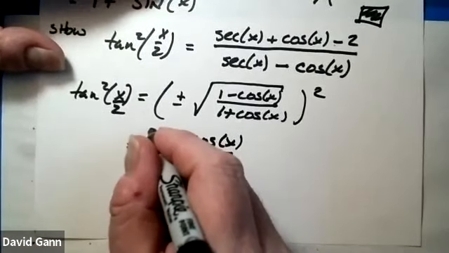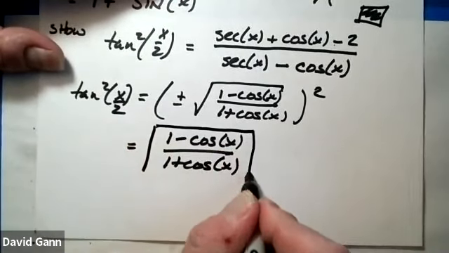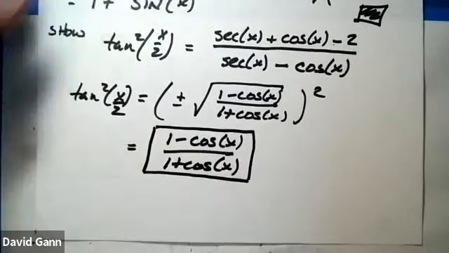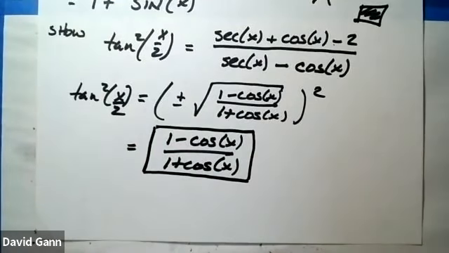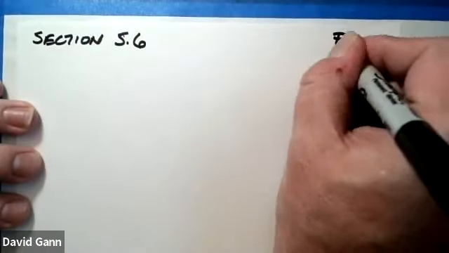But I don't know where to go from here. So I'm basically going to now work from the right-hand side, and that'll be my target. Okay, and I'll start that on the next page. We're on page 7 now.